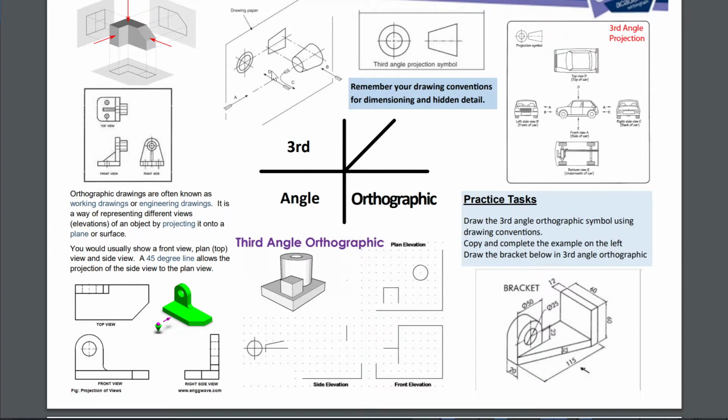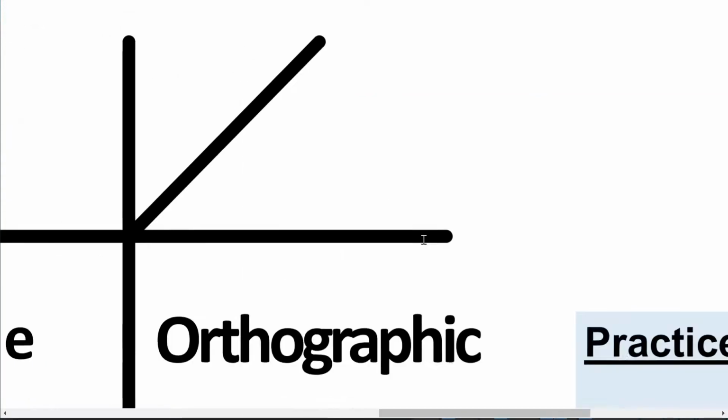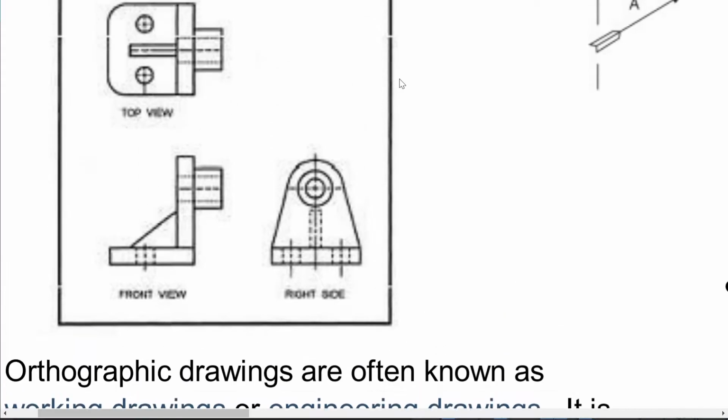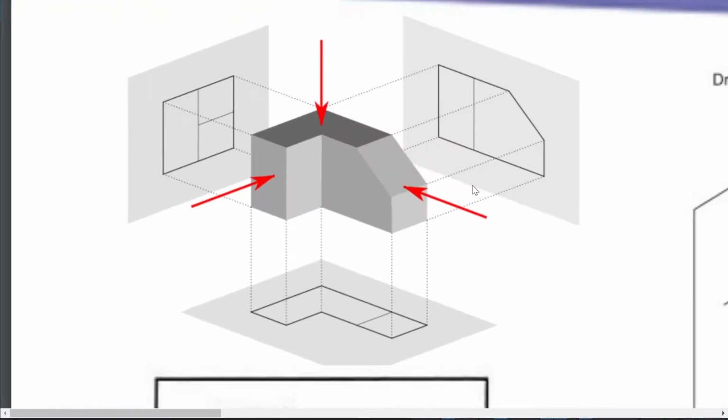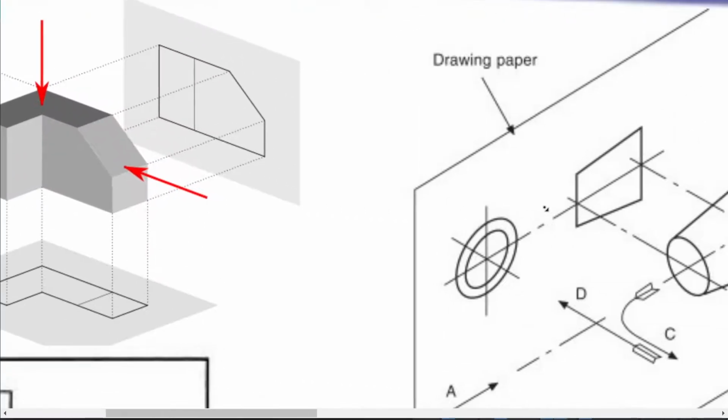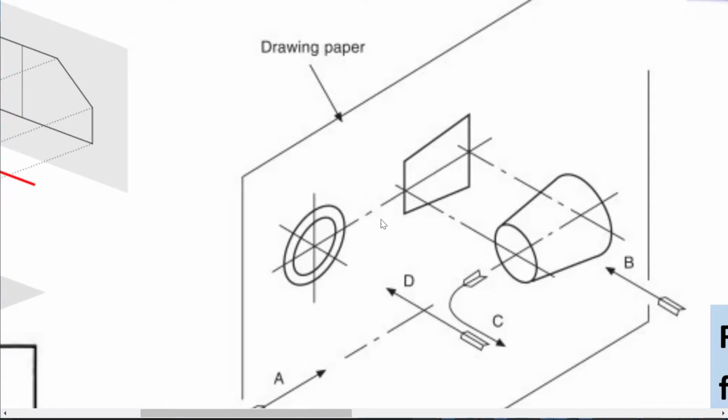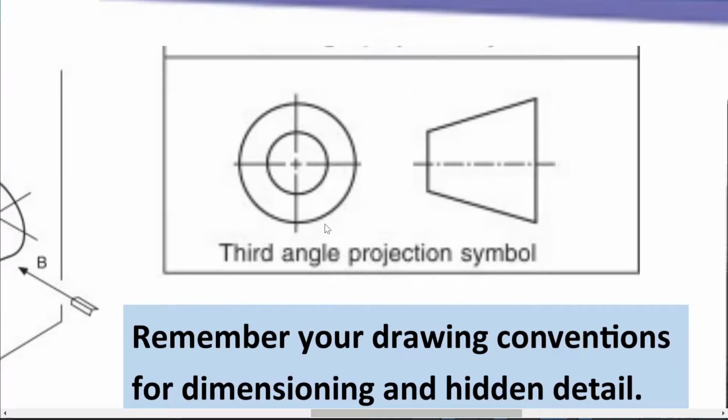Actually, what we're drawing is a picture of like this cone, and that if we draw a cone in third angle projection, we'll get something that looks like these two concentric circles, which I call the target, and this trapezium, which I call the flag, just because it gives me words to use. I also chose those words because target starts with T, like third starts with T, and flag starts with F, like first starts with F.